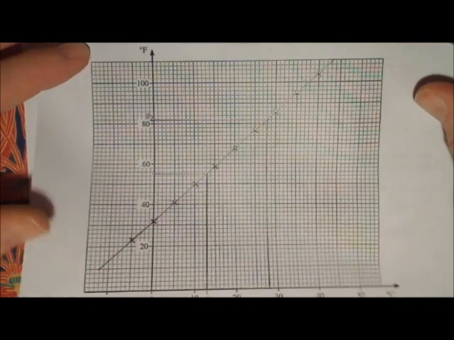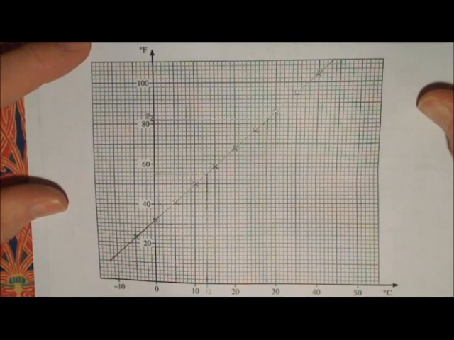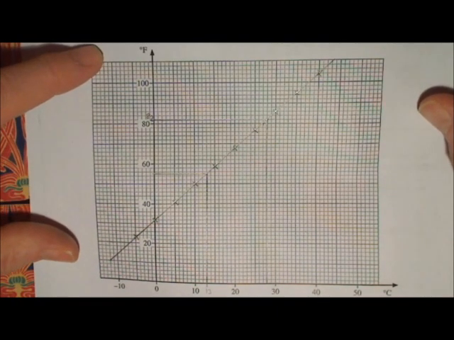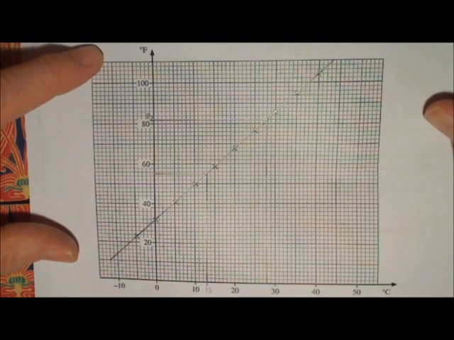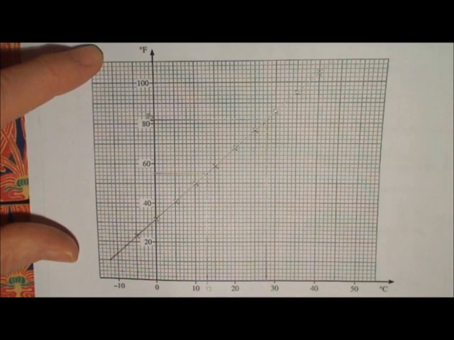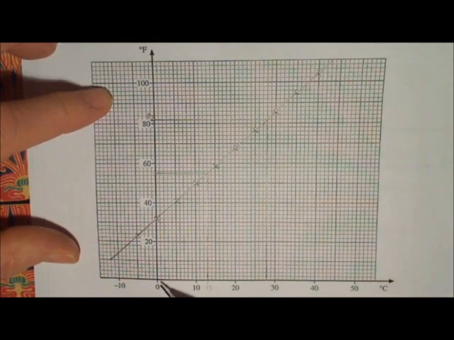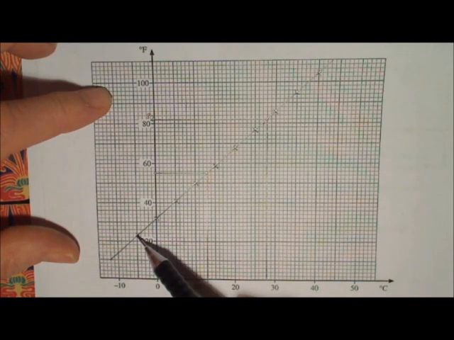Okay, for this conversion graph question, you're reading the values off the table. For instance, the first value is -5 degrees Celsius, 23 Fahrenheit. So we're going to -5 on the degrees Celsius axis, and then up to 23 degrees on the degrees Fahrenheit.